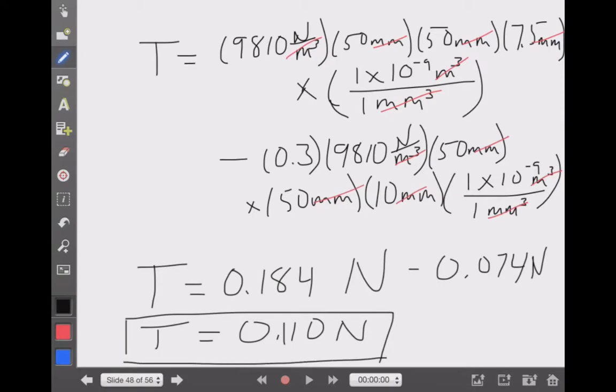All right, so again, if we want to find the mass of the block, let's just take a look at our final equation here. We have that the weight of the second object, the metal object, is equal to the tension in the string, which we now know, plus the buoyant force of the second object.